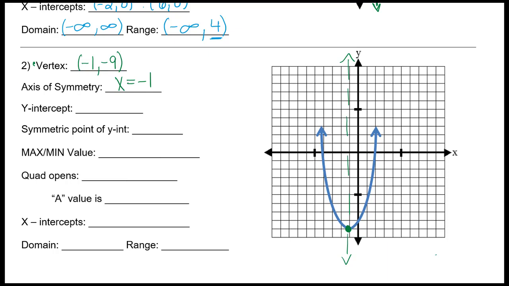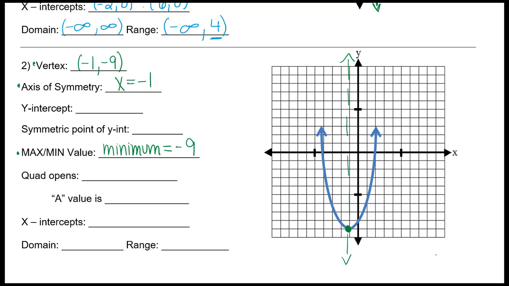Continuing on with this idea of our maximum, or that vertex value, technically we have our minimum because this is the smallest point. So we have a minimum value here. And that minimum value is at -9, that y value.